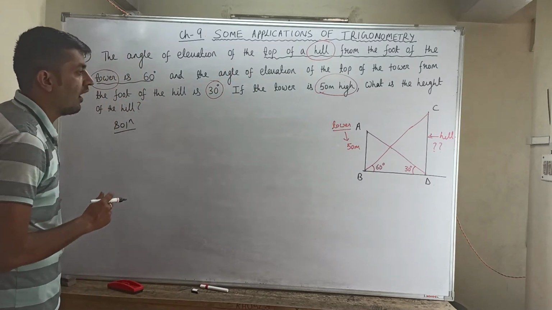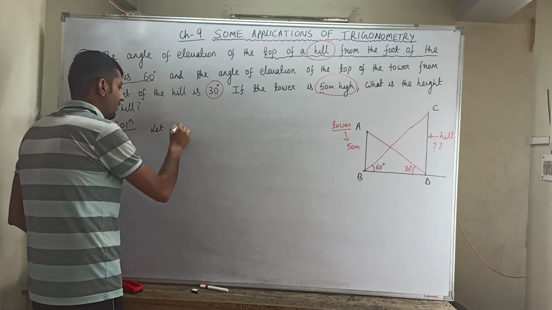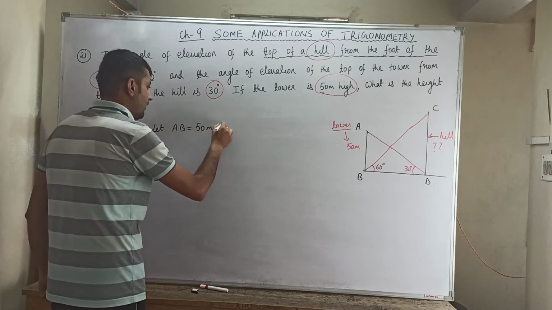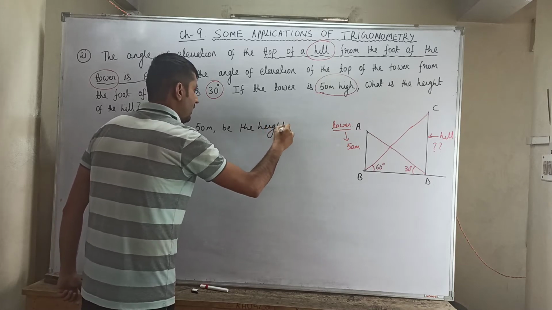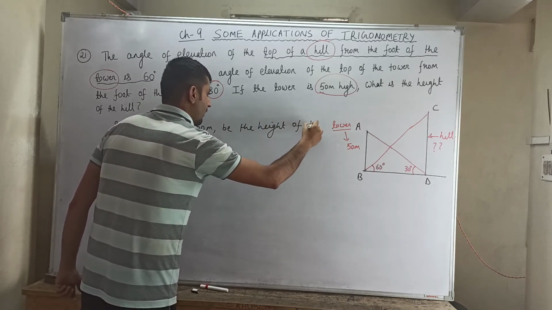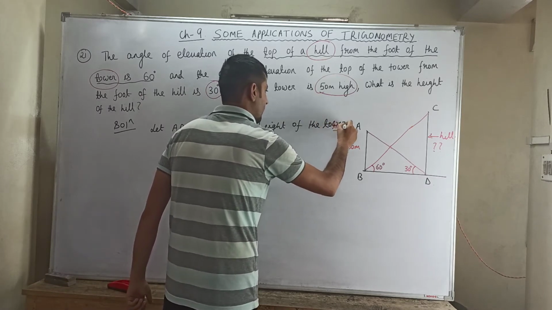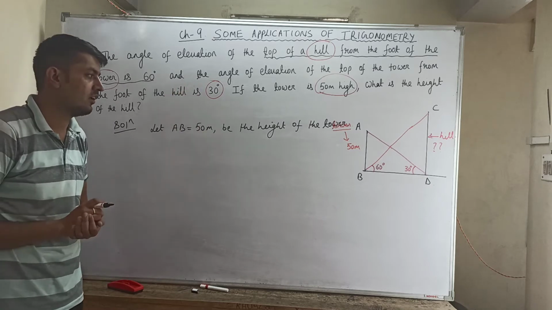So let us start. Let AB equal to 50 meters be the height of the tower.